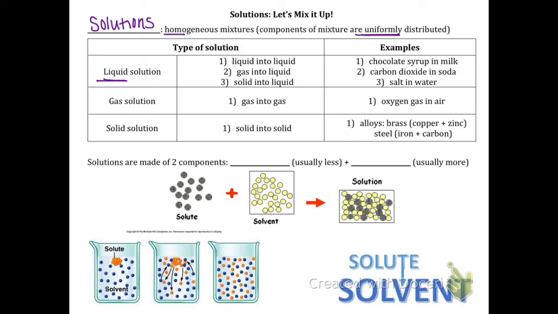Here you have carbon dioxide in soda, okay? You can't see the gas per se, but they are mixed evenly across, so sodas are all homogeneous mixtures. They are called solutions. When you mix salt and water, that's also a solution. You can have gas in gas, so oxygen inside air is also called a solution.